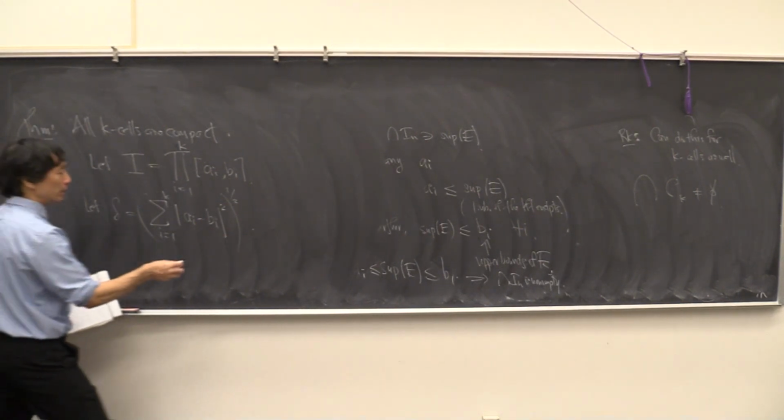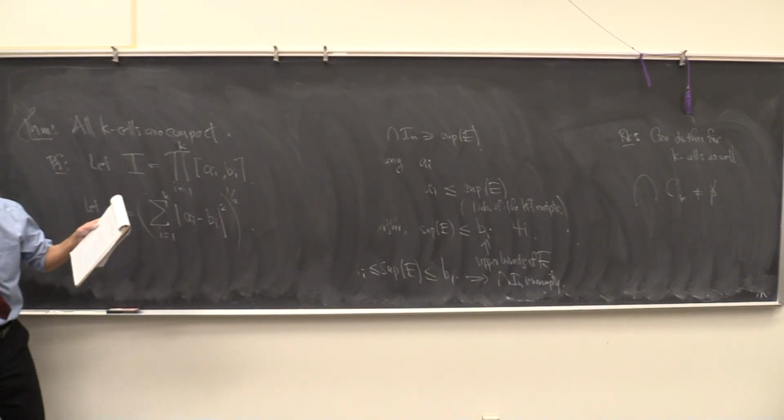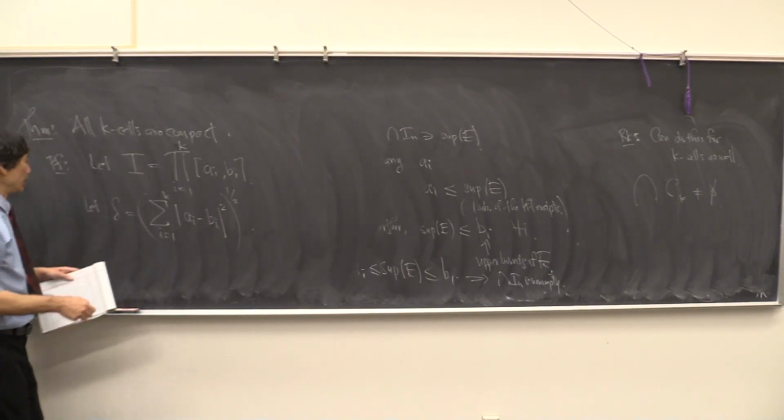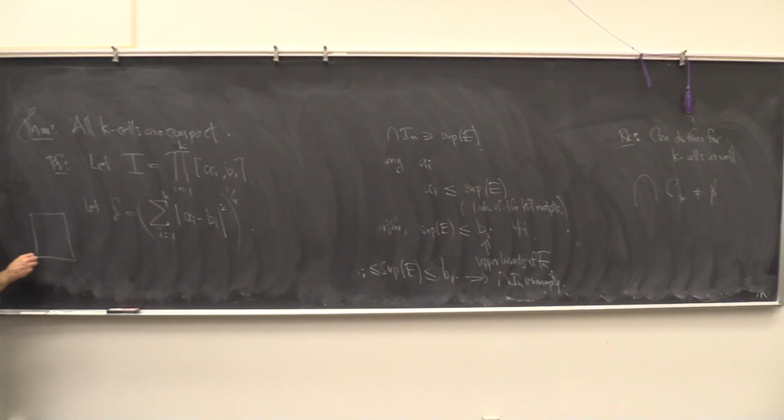That's the length of the diagonal from one corner to the opposite corner. Like in a 2-cell, it's just the Pythagorean theorem: this squared plus this squared, rooted. And similarly, if you go into higher dimensions, it's just the distance between opposing corners.